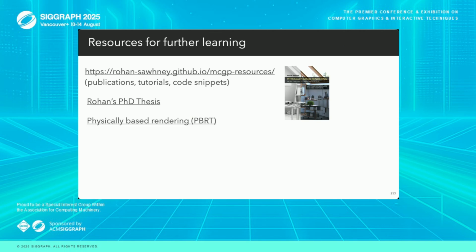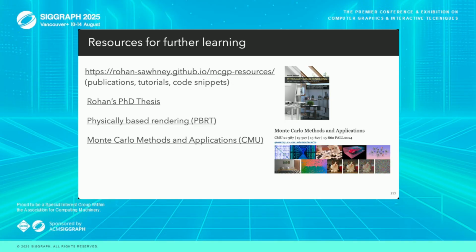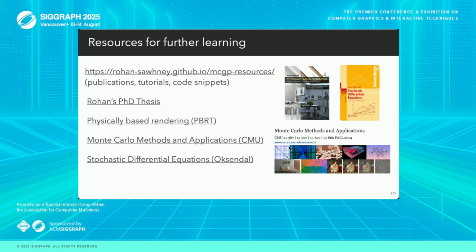More broadly, PBRT is a classic resource for learning about Monte Carlo methods applied to rendering. Keenan's CMU course on Monte Carlo methods and their applications is also a really nice resource. And finally, for a deeper dive into Brownian motion and its connections to PDEs, I recommend Bernt Øksendal's book on stochastic differential equations. And that's it.